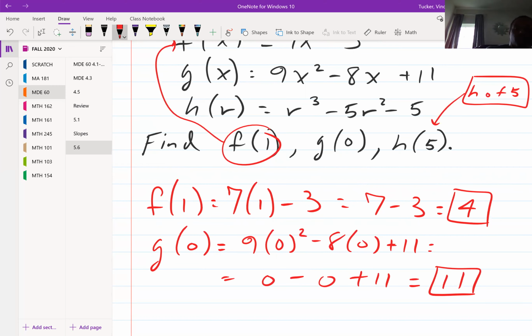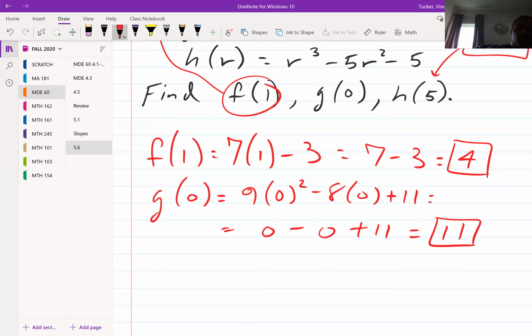All right, last one. h of 5. So that is 5 cubed minus 5 times, oh, didn't put a 5 in there, 5 squared minus 5.